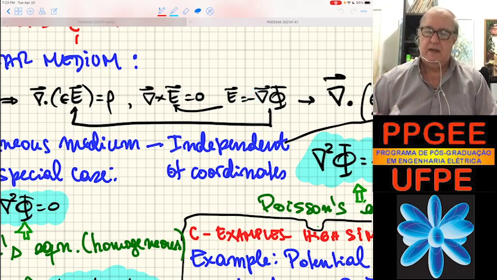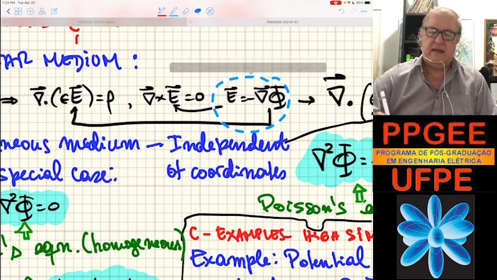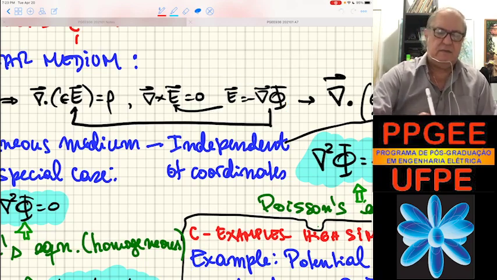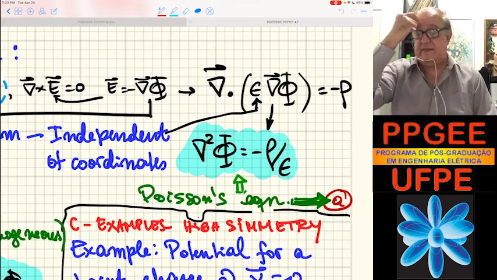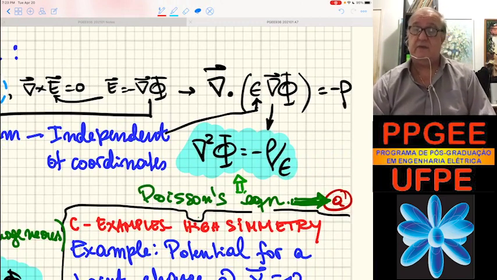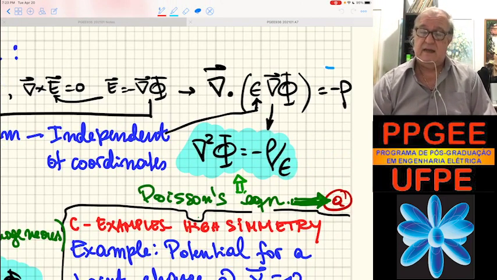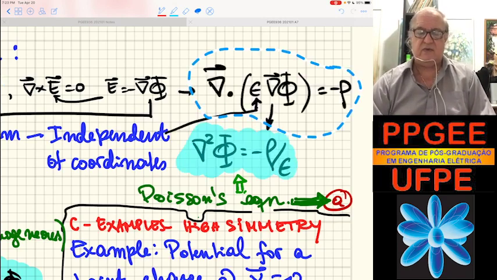Now, when we plug this E into here, we still have a complicated equation: the divergence of epsilon times the gradient of phi equals minus rho.